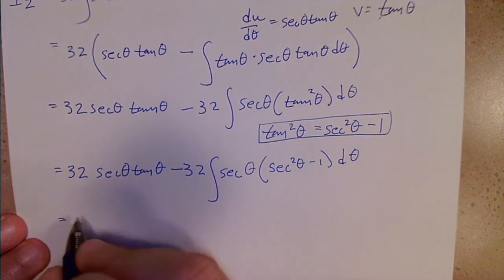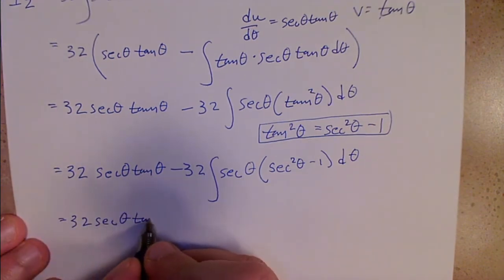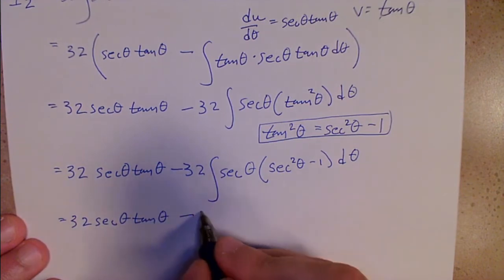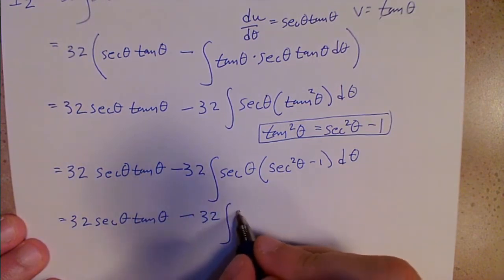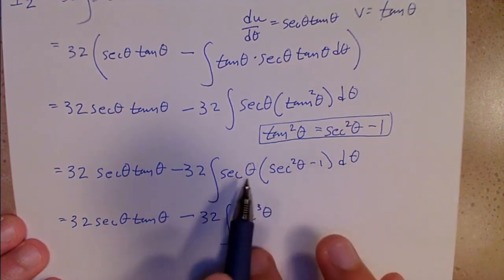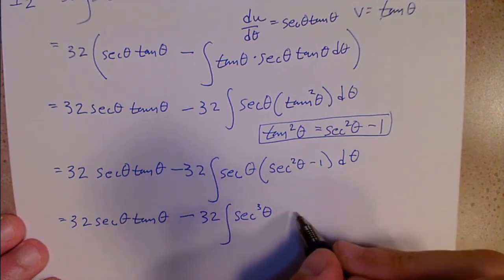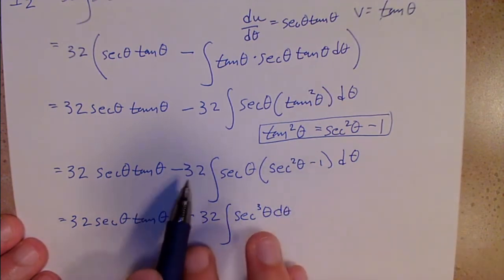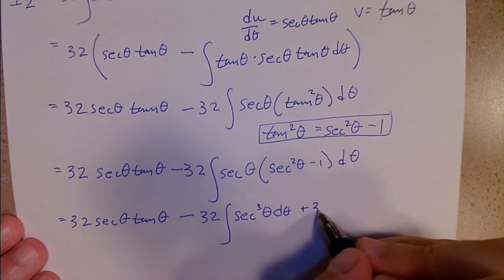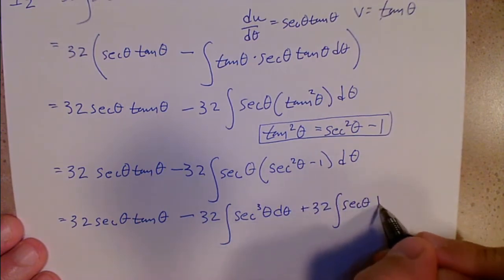So that's equal to 32 secant theta tangent theta minus 32 times the integral of secant cubed theta. And I'm going to distribute this here and here to make two separate integrals. And so I get that times d theta minus a negative, so plus 32 times the integral of secant theta d theta.